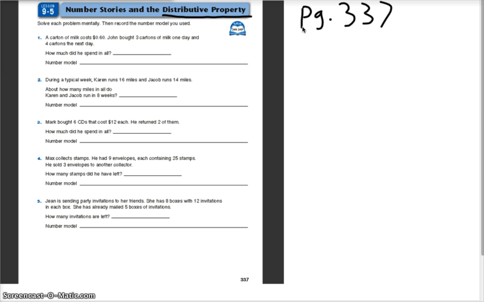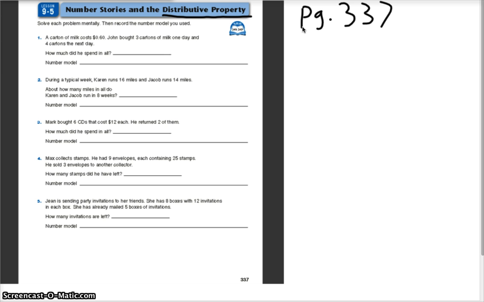So a carton of milk costs 60 cents. John bought 3 cartons of milk one day and 4 cartons the next day. So how much did he spend in all? Well, first let's figure out our problem. So we've got 60 cents, he buys 3 the first day and 4 the next day.